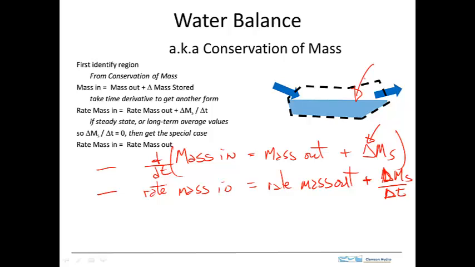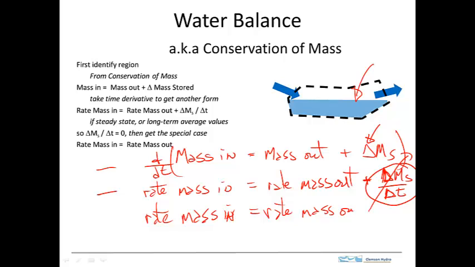So the inflows are equal to the outflows, and the change is negligible over a long period of time, in which case this term here is going to be equal to 0. So if that's the case, then we have the rate of mass in equals rate of mass out. And there's no change in storage, and this is what we mean by steady state.